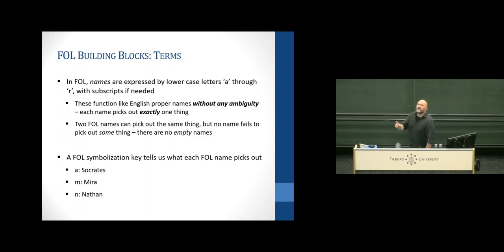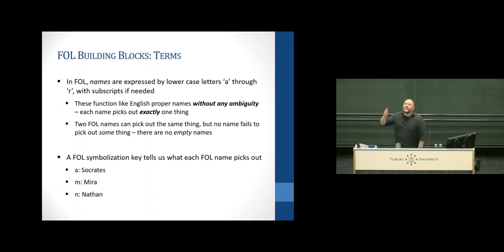Notably though, unlike in most natural languages, for FOL, we do not allow for any ambiguity. What that means is that we don't allow the same name to pick out multiple objects. Here's an easy one. I'm not sure in this class, but certainly in other classes I've taught, there's been at least like 8 dudes named Yan. Right? So Yan doesn't really function as an FOL proper name because it designates too many people.